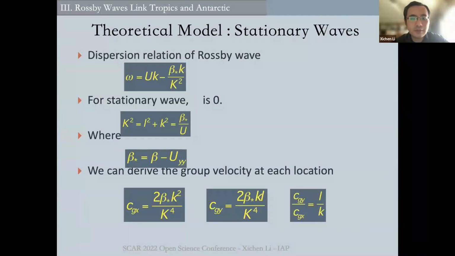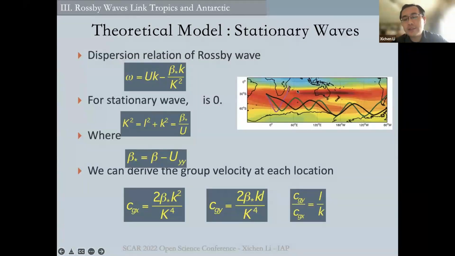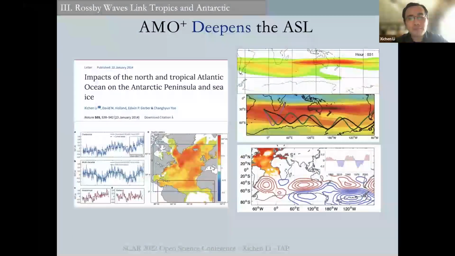We also do some diagnostic analysis, based on the dispersion relation of the Rossby wave, and we find the jet system can help to reflect the wave and finally focus it on the West Antarctica. That's why the Rossby wave can keep the energy and propagate all around the globe.